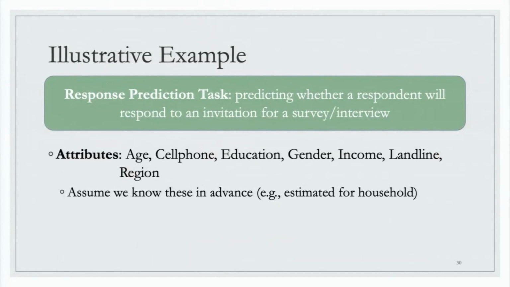But for this data set, that's the limitation we're working with. We're also making the assumption that we know all this information in advance about our potential survey people, versus waiting for them to provide this later. So maybe that means that we estimated it for different households using information we purchased from different vendors, or lots of different ways of getting that in the first place. And then the outcomes, I'm going to try to use that word from now on. The outcomes we have here are whether or not they're a respondent or a non-respondent.